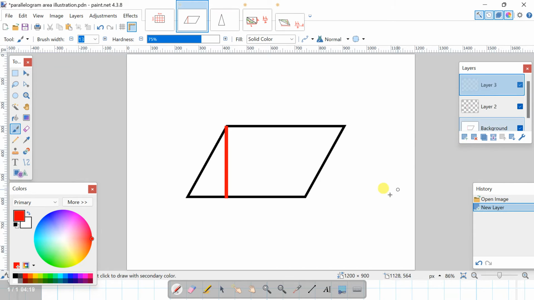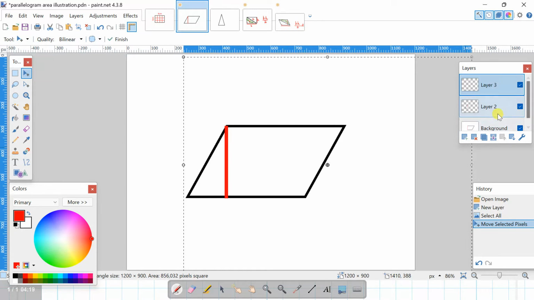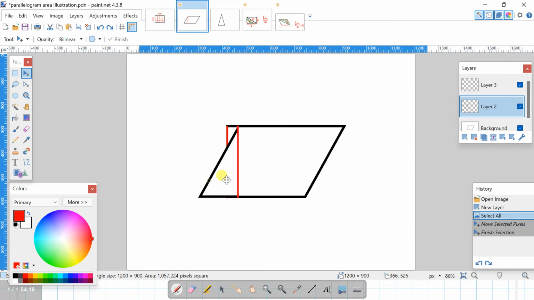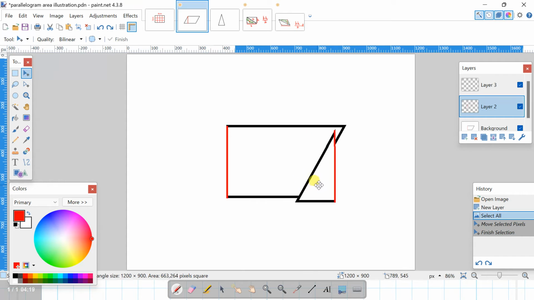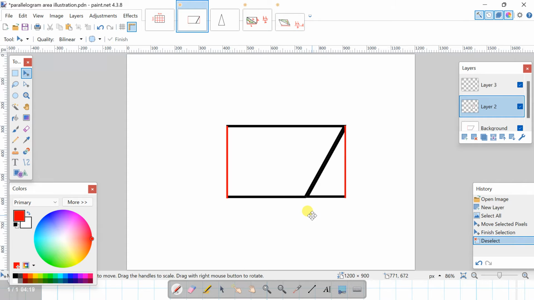So in this case, to illustrate why the area of a parallelogram is base times height, I take the triangle from the left side of the parallelogram and I shift it to the right hand side of the parallelogram. And what do I get?